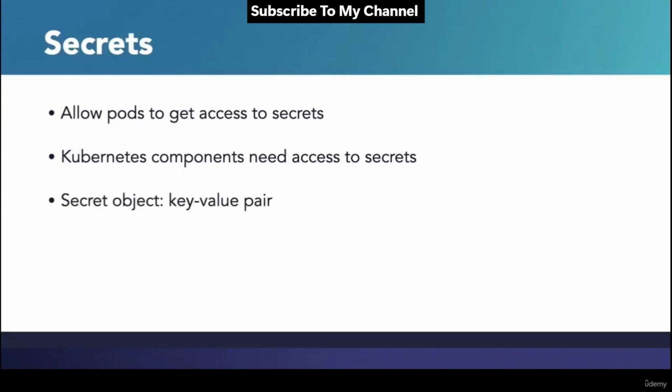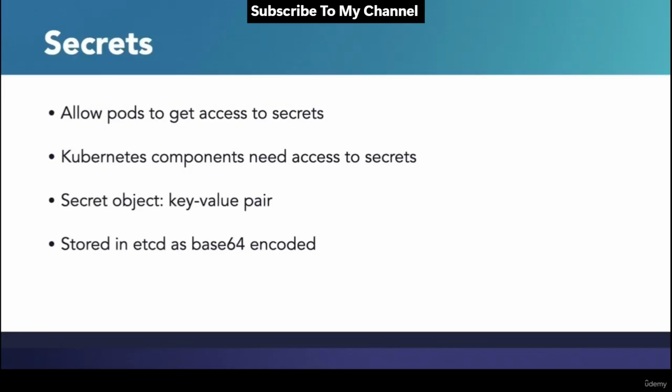Kubernetes offers a first-class object known as secret, which holds the key value pair information. The secret is stored in etcd store as base64 encoded value. Keep in mind that base64 is an encoding mechanism and not an encryption technique.